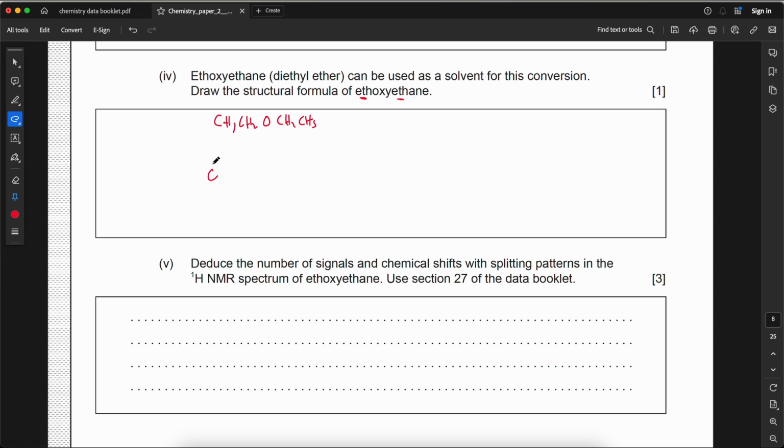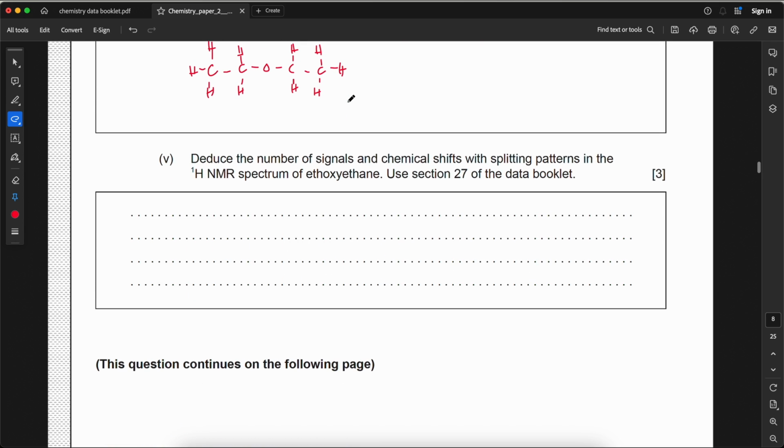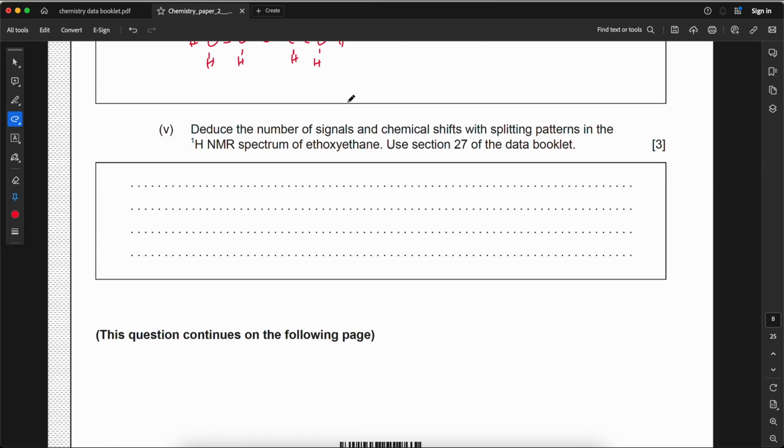Therefore, the structure will be CH3CH2OCH2CH3.